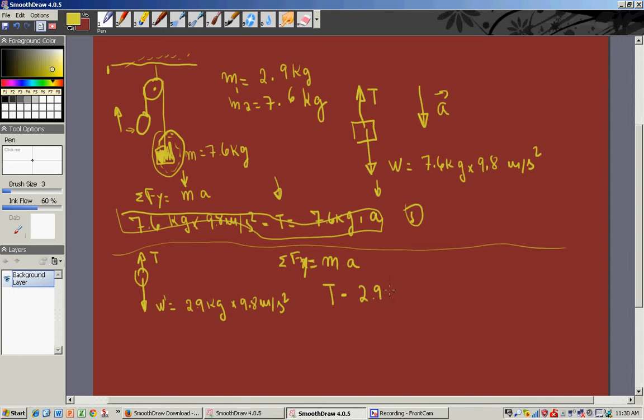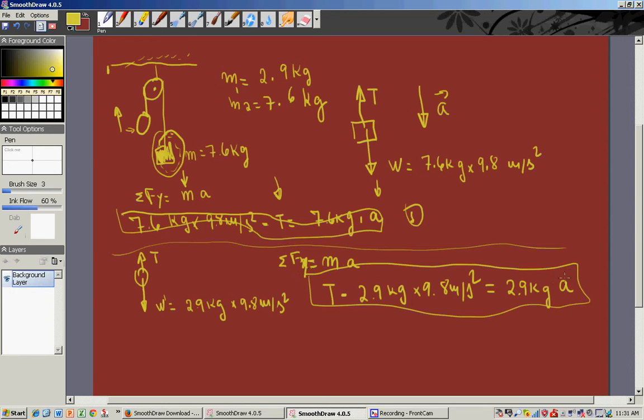So T minus 2.9 kilograms times 9.8 meters per square second, that's the imbalance of forces, is equal to that mass, 2.9 kilograms, times acceleration. So again, I got myself a second equation.